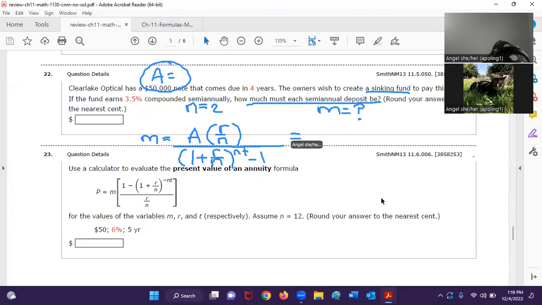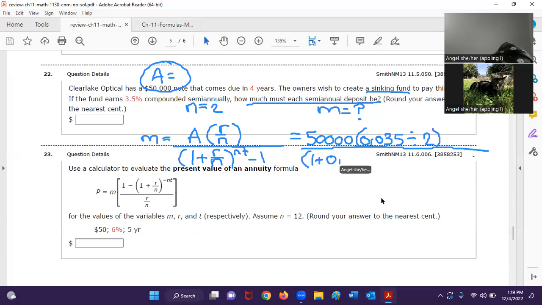Plug it all in, 50,000 times R. So R is 0.035. Divide by 2, because this time around N equals 2. And then in our denominator, we have 1 plus 0.035 divided by 2 raised to the 2 times 4, and then take away 1.